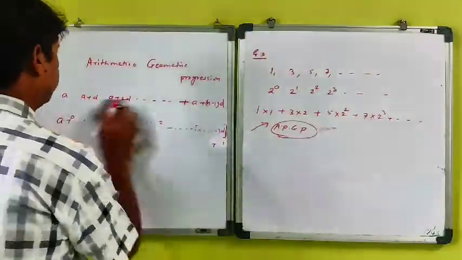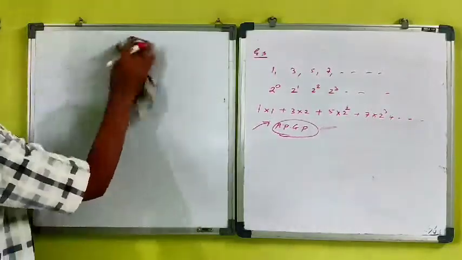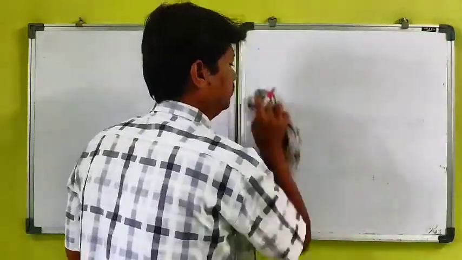So here, how to find the sum of n terms of arithmetico geometric progression.